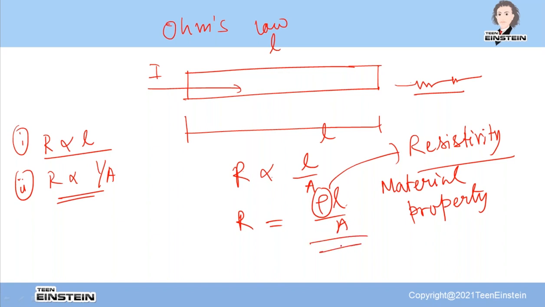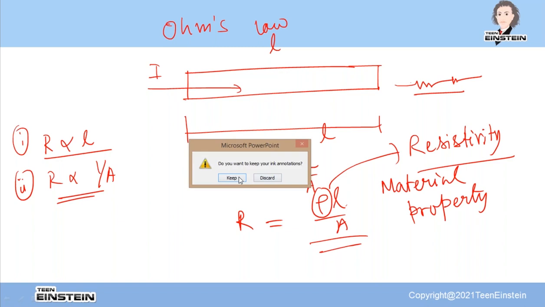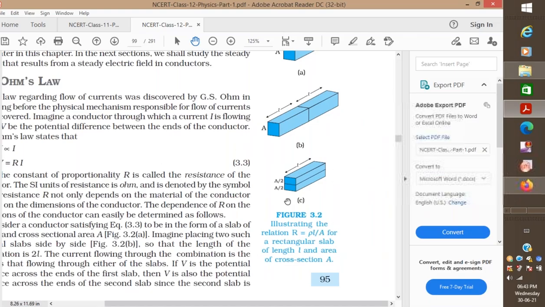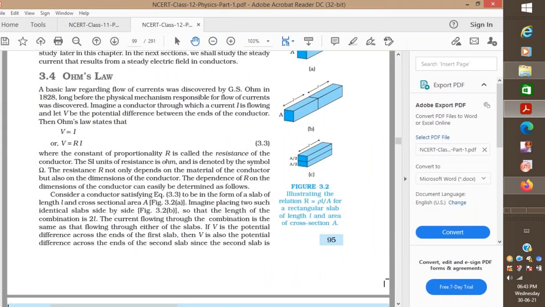Look in your book, these are the things they have discussed. Then we'll derive a nice, different form of Ohm's law.